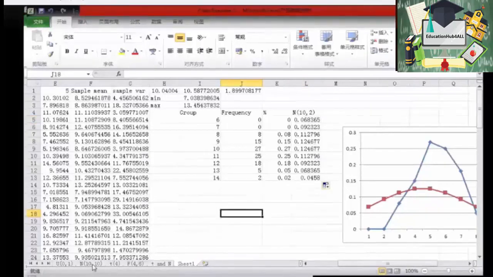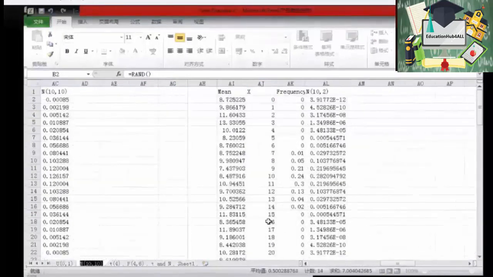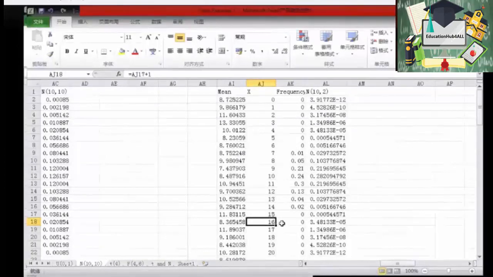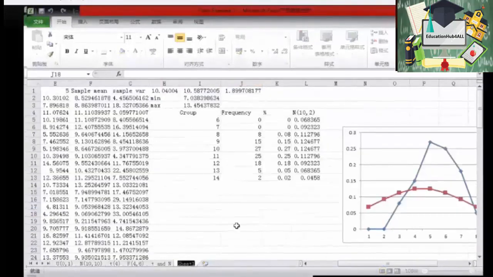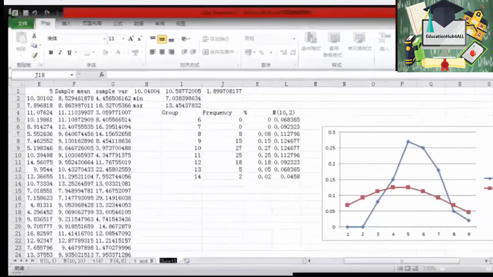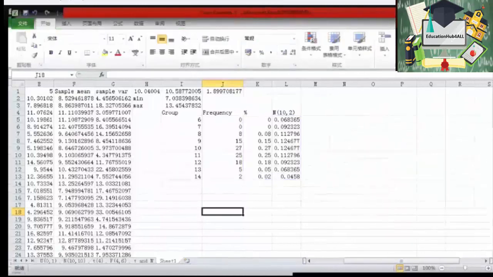Let's see what the distribution is here. For clarity, I remove my figure.